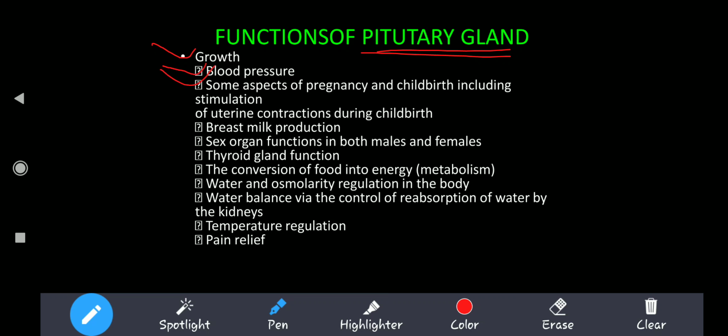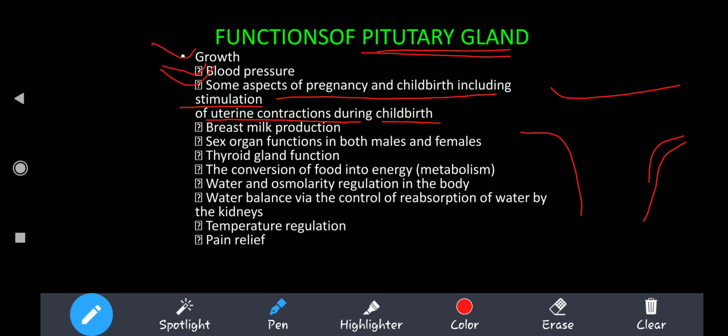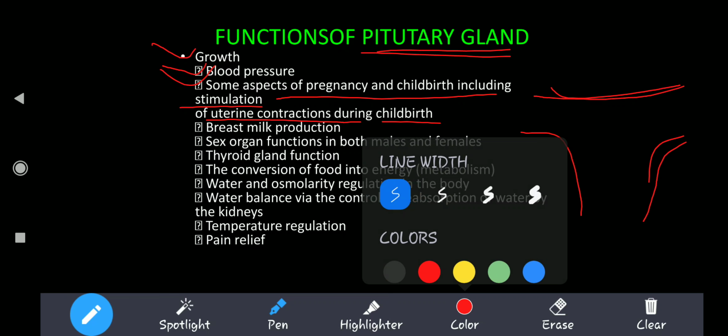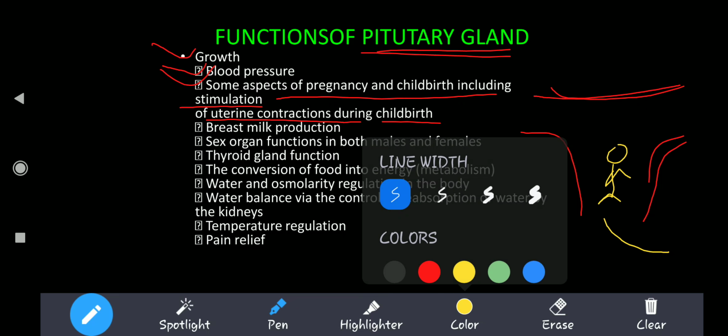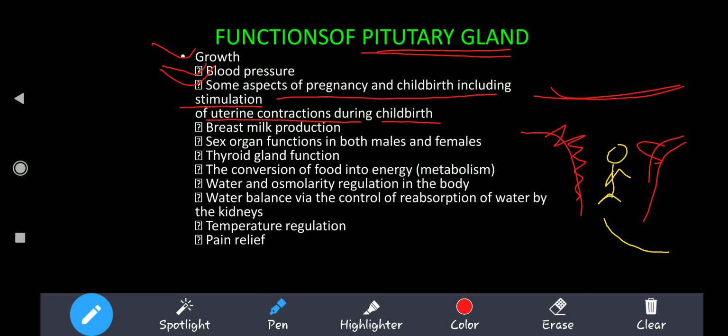Then blood pressure maintenance, and some aspects of pregnancy and childbirth, including stimulation of uterine contraction during childbirth. Here we have the uterus, and the child is present here. When the child has to be expelled out of the body, the uterus has to contract itself, and only then will the child be expelled.